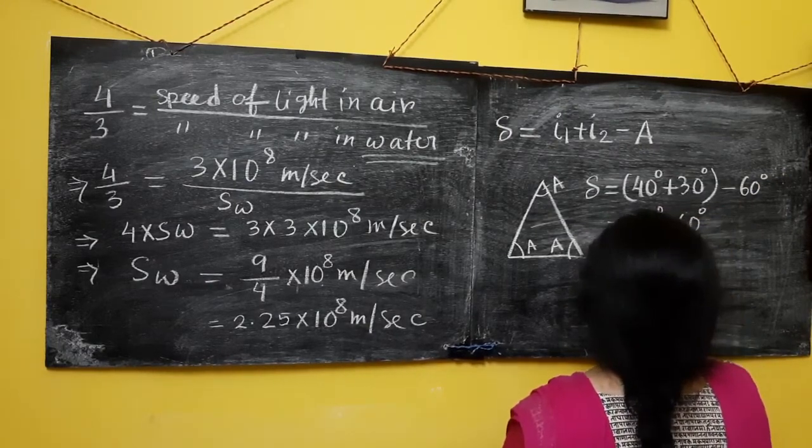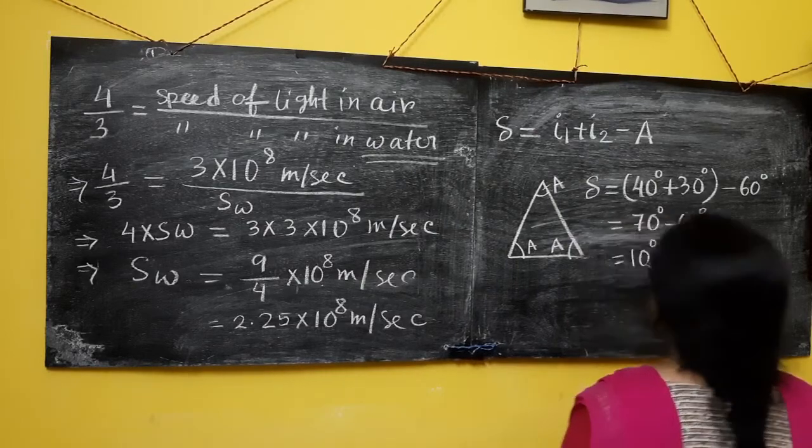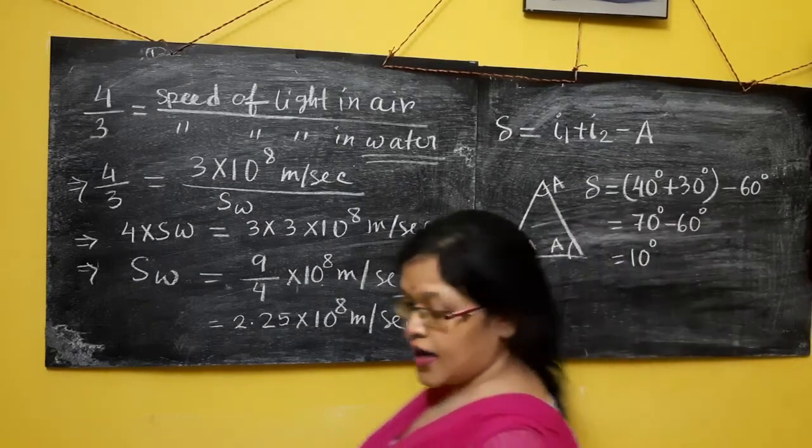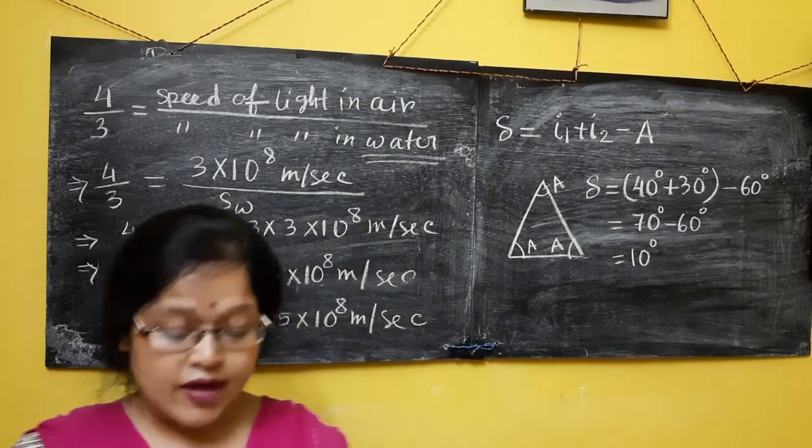So that is 70 degrees minus 60 degrees, so delta equals 10 degrees. Clear? This is my angle of deviation.